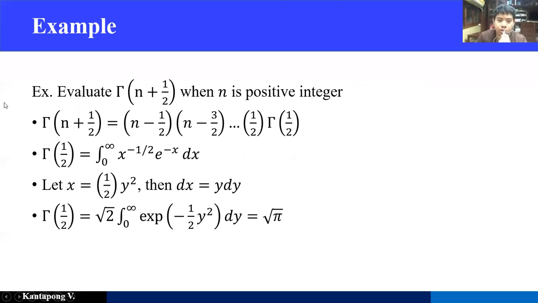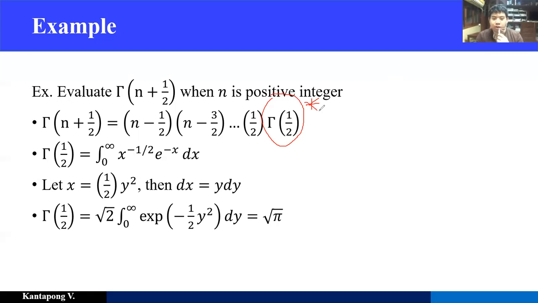We're going to reduce gamma of n plus 1/2 step by step, up until gamma of 1/2. You cannot extend it further, so this is the thing that you have to find. Gamma of 1/2 is the integral from 0 to infinity of square root of x times e to the minus x.